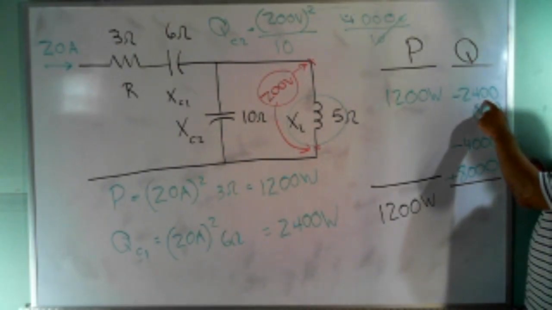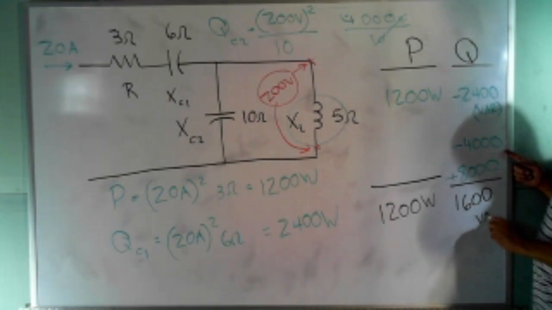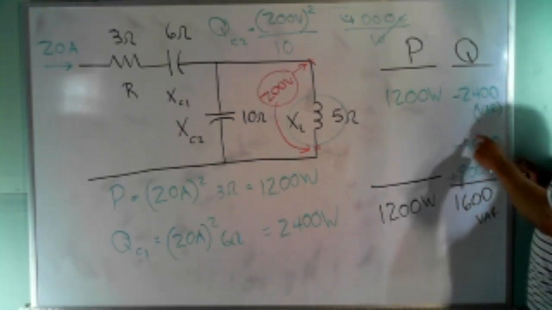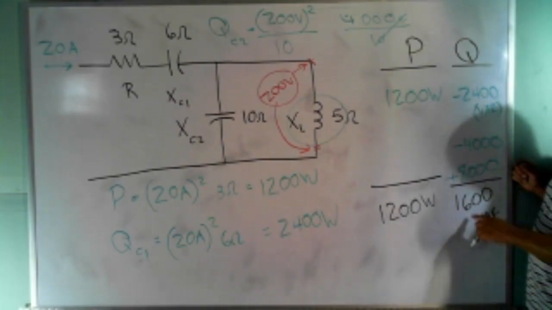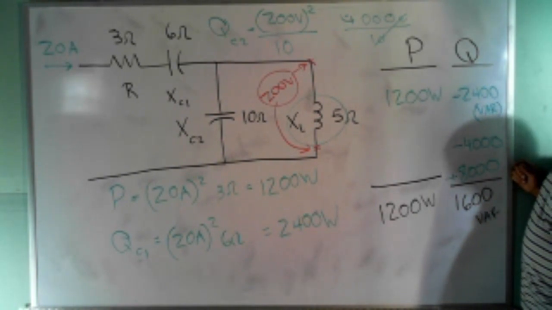And then subtract 400 from it. Is it 1,600? Did I do it right? 8,000 minus 4,000 minus 2,400. Is it 1,600? Yes.